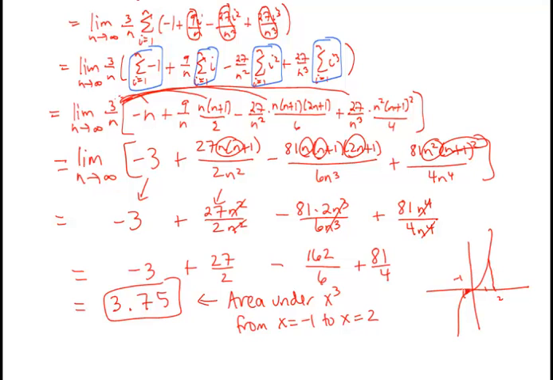So we're talking about this shaded area right here. And in fact, when we notice this, we've got some of our area below the x-axis and some of our area above the x-axis. So this integral right here, this amount that we just calculated, is actually called signed area.